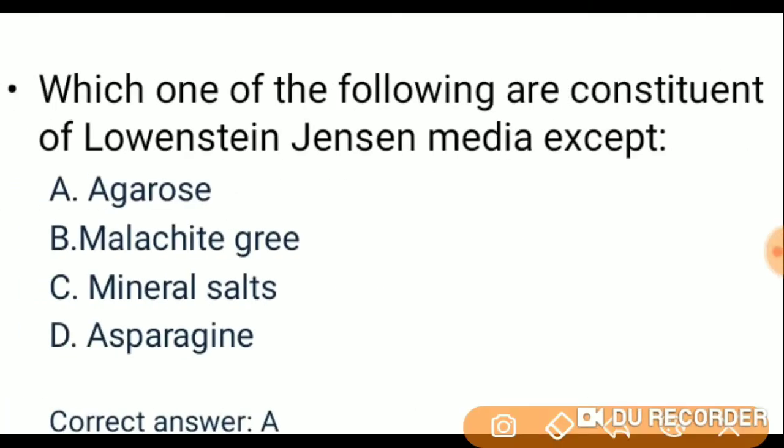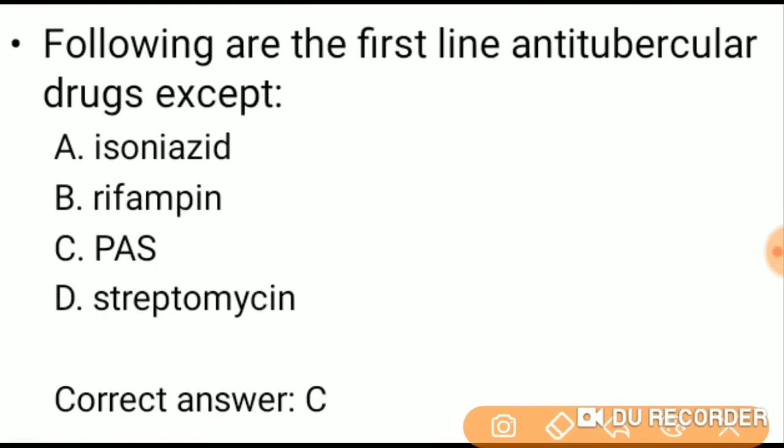Now, which one of the following is not a constituent of Lowenstein-Jensen media? Agarose. Now, the following are first-line anti-tubercular drugs except PAS. This is not a first-line anti-tubercular.